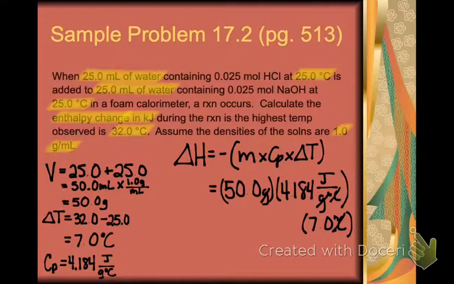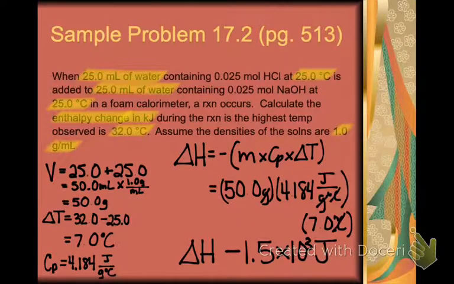That makes sense. So my delta H is going to be negative 1.5 times 10 to the third joules. Let's talk about why that makes sense. We had a temperature change where the surroundings increased, so the reaction gave off heat.